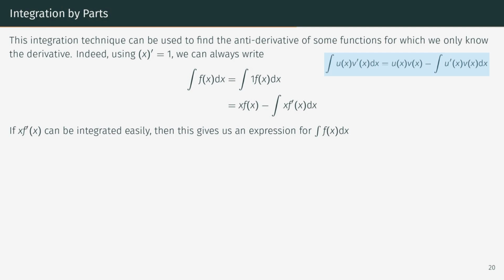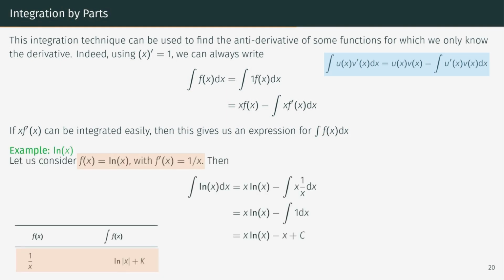Rewriting this using integration by parts gives x times f of x minus the integral of x times f prime of x dx. If x times f prime of x can be integrated easily, then this gives us an expression for the integral of f of x dx.